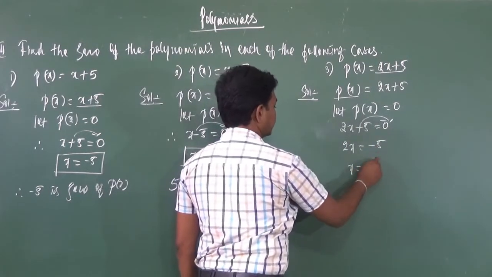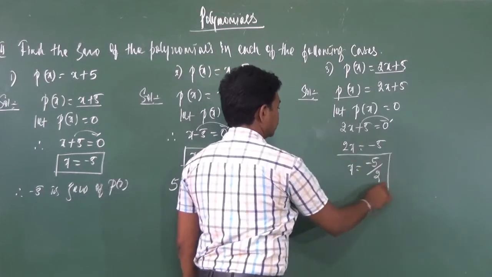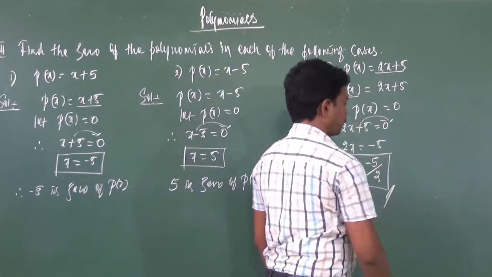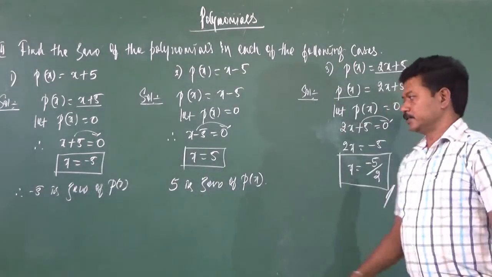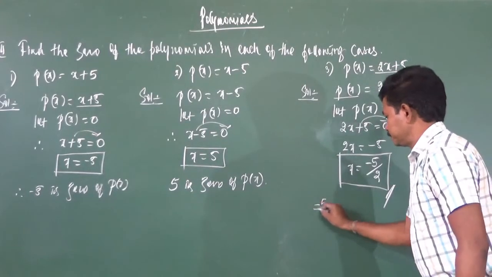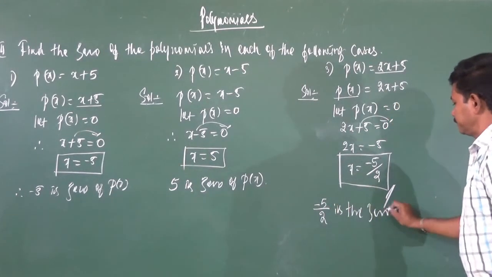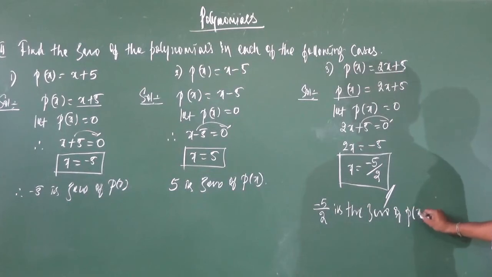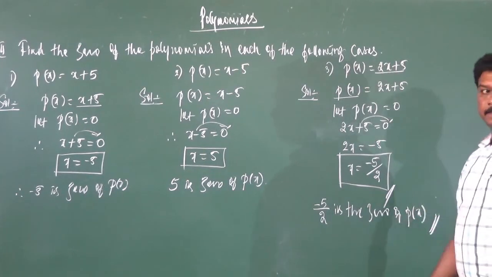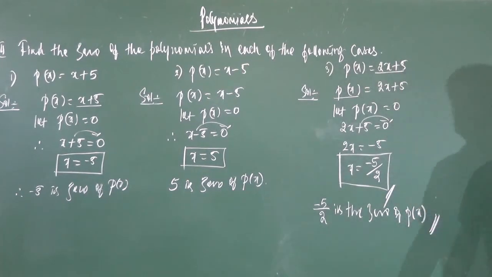X is equal to minus 5 by 2. So this is the 0. Right? So minus 5 by 2 is the 0 of P of x. Okay? Done.